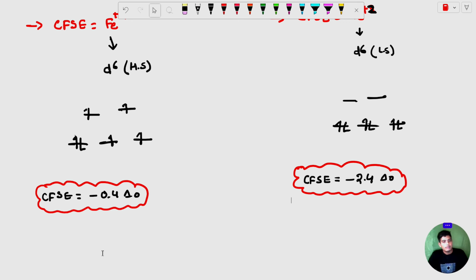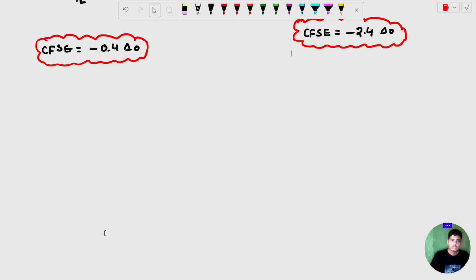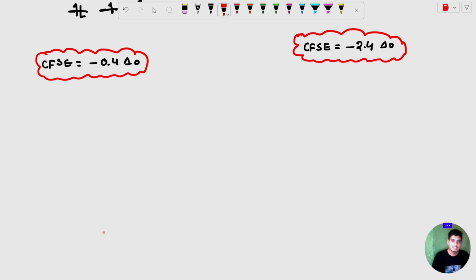Okay, now on the basis of CFSE value you can also calculate the ionic radius of oxymyoglobin and deoxymyoglobin. Okay, on the basis of CFSE value, if the CFSE value is low, then the ionic radius will be high.